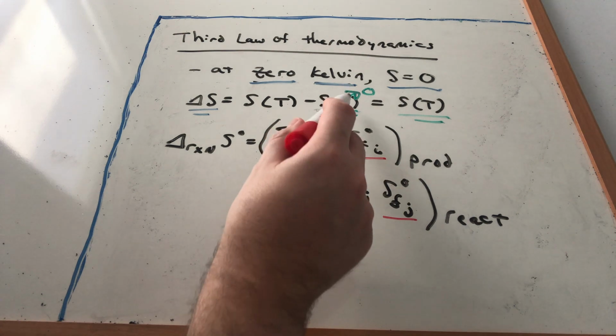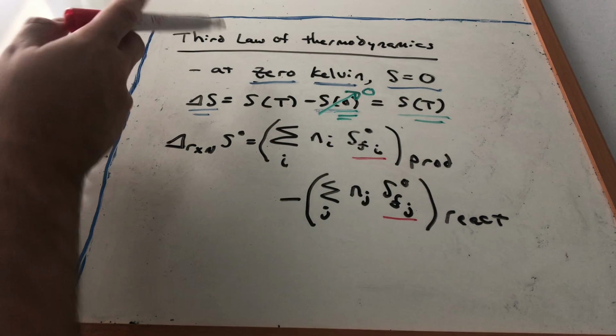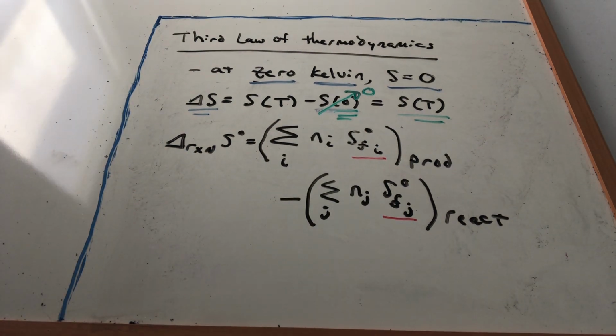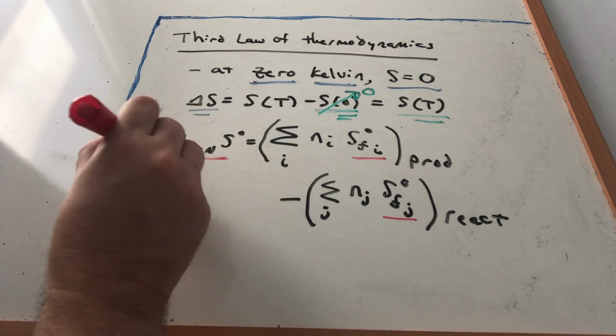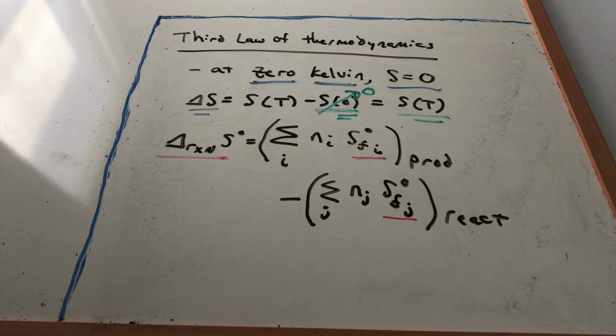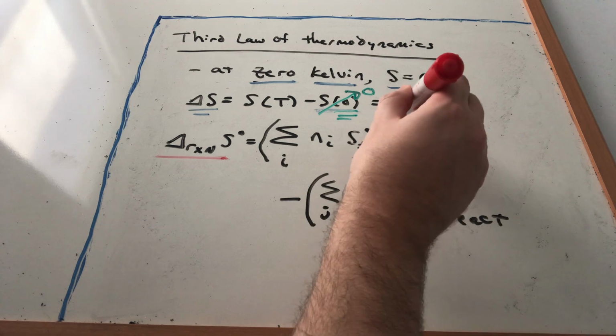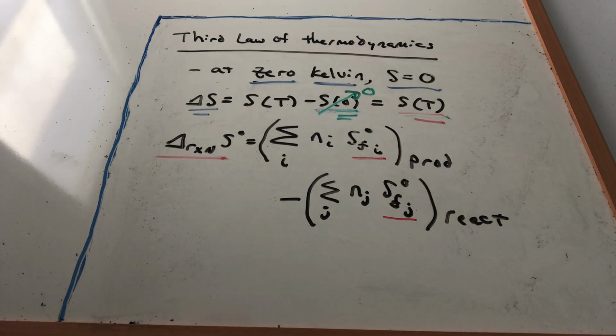That table is referencing 0 Kelvin. It's using the third law of thermodynamics. These S's are measured at 25 degrees Celsius on your table. And so delta S for the reaction doesn't depend on delta S's of formation. It depends on S's of formation.